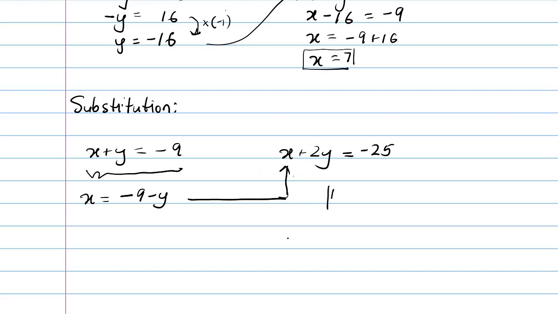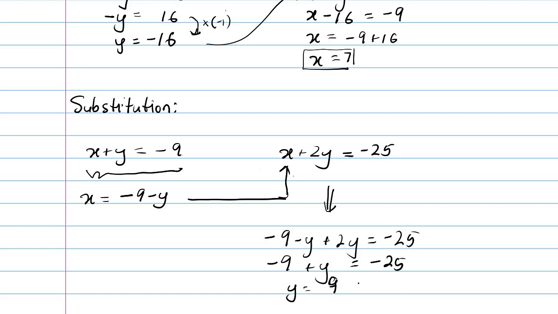So this will give you negative 9 minus y plus 2y equals negative 25, right? So we have negative 9, negative y plus 2y is positive y, and this is negative 25. So you add 9 to both sides, you have negative 9 minus 25, which gives you negative 16.